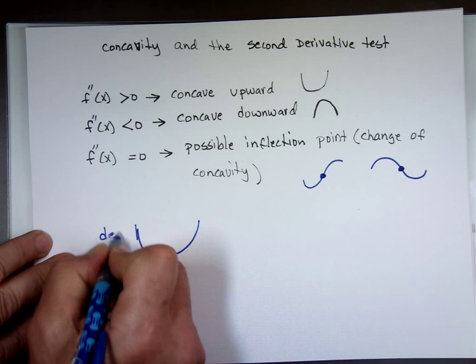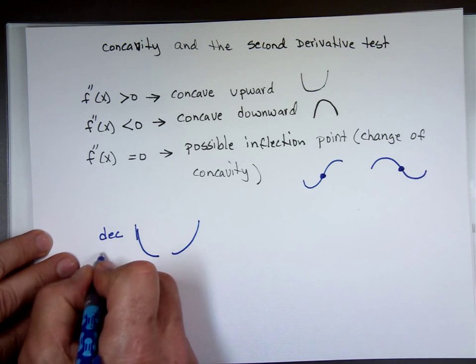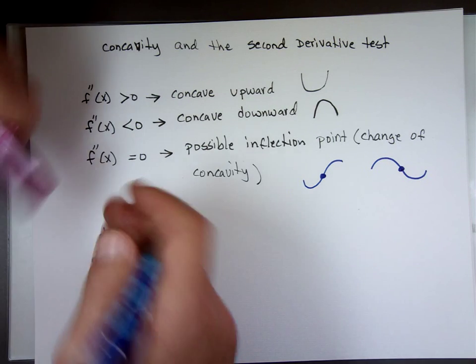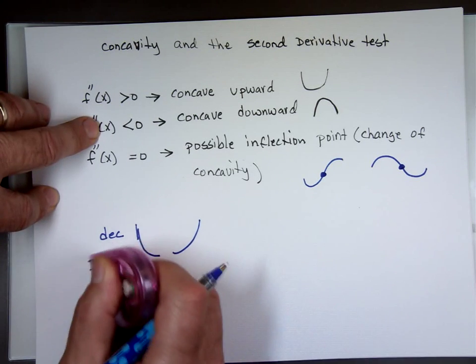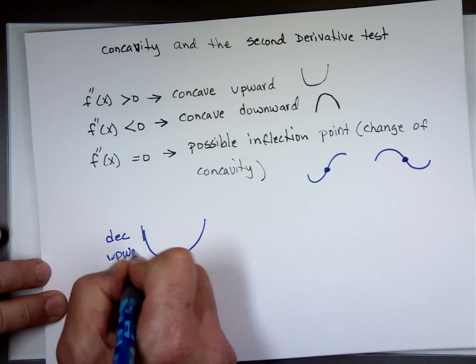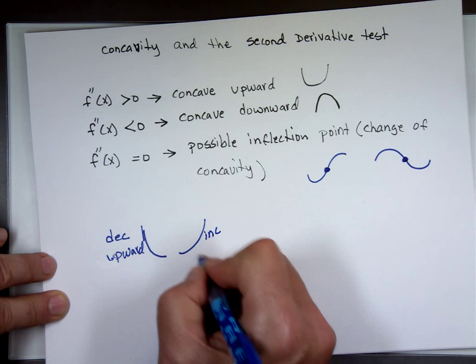It's decreasing here. And is it concave up or down? Concave upward, I mean. It's opening upward, right? Notice that's part of half the circle. This other part is increasing and still concave upward.